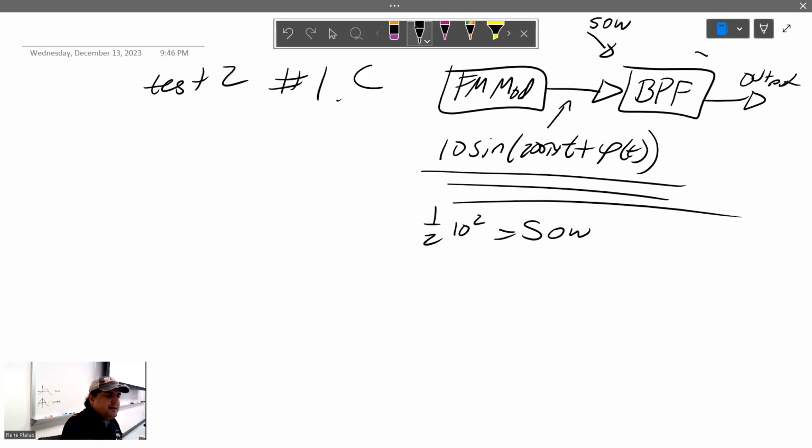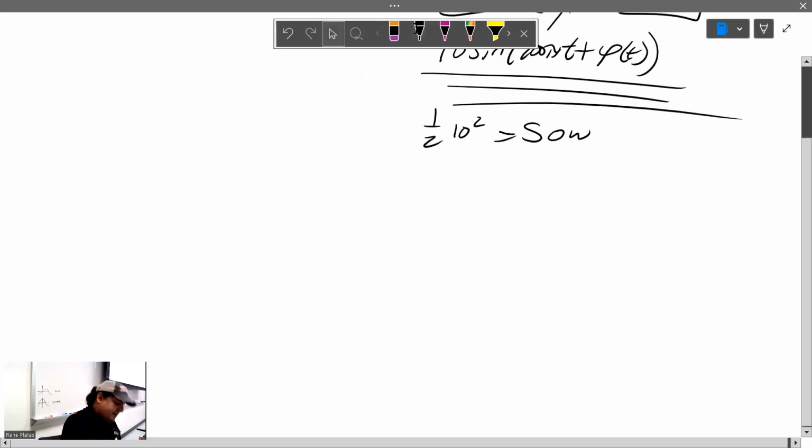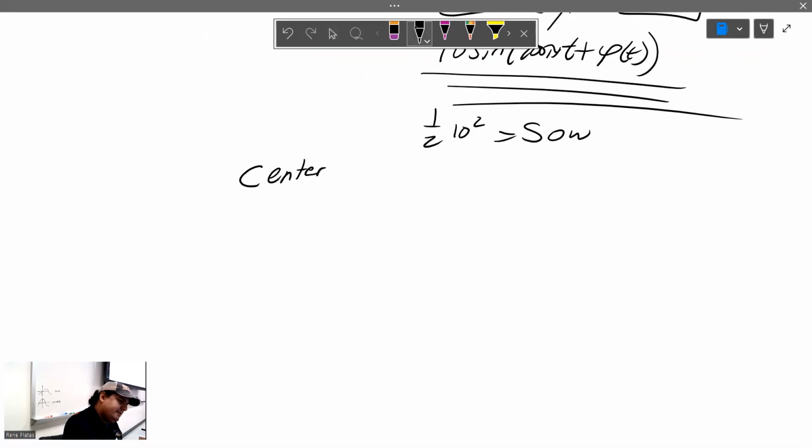And how many watts are coming out of it? Well, the question says the bandpass filter has a center frequency at 100 hertz and a bandwidth of 50 hertz.